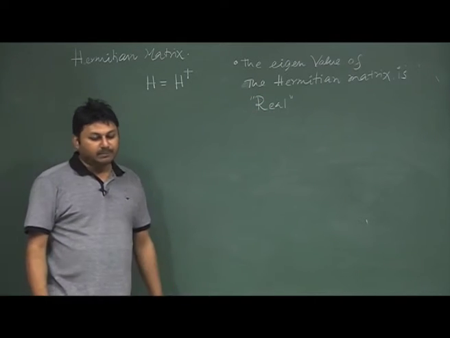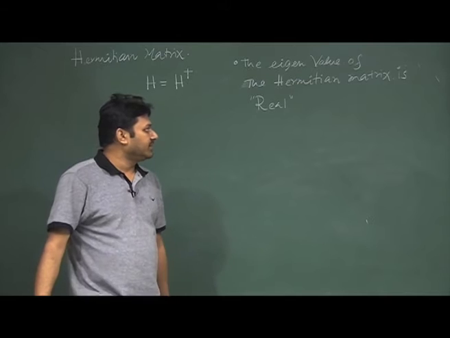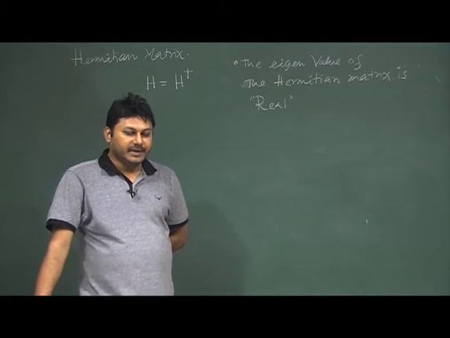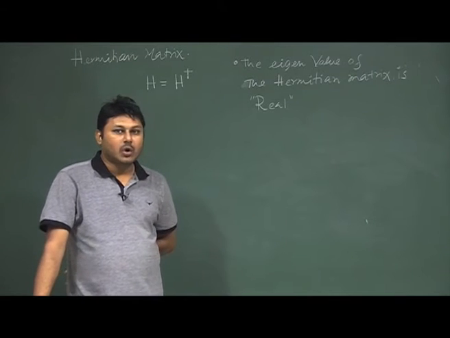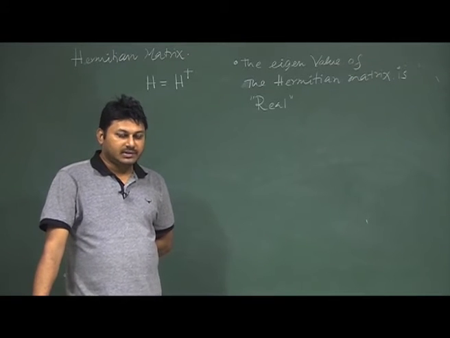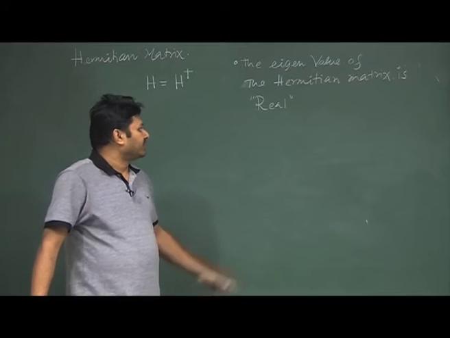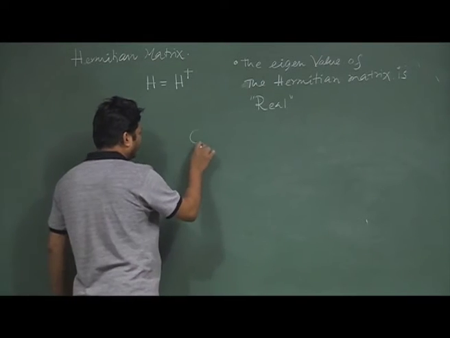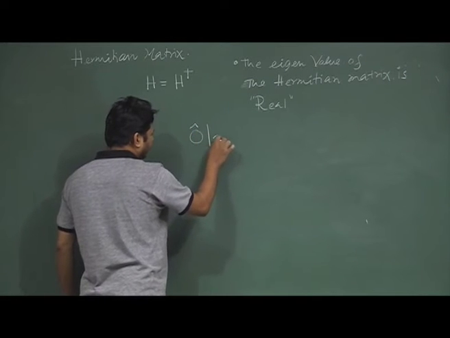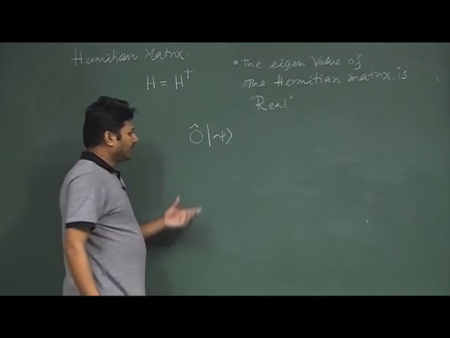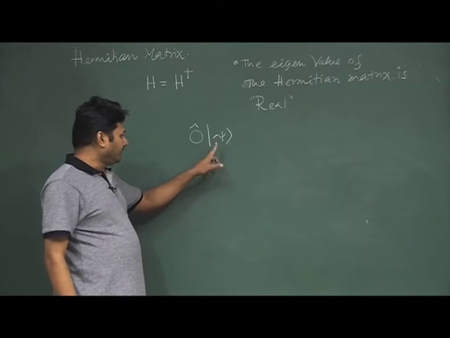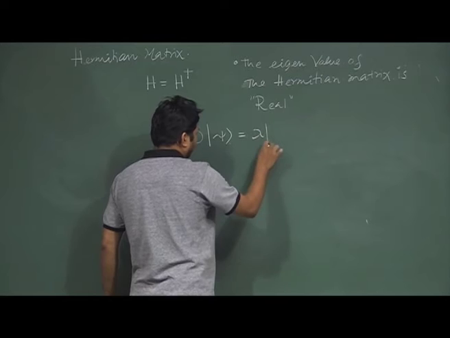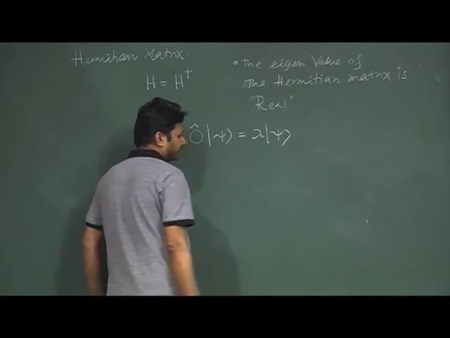Let me first explain very briefly why it is important in the context of quantum mechanics. In quantum mechanics when we use some operator, in matrix notation represented by some matrix, say this is my operator O, I operate over psi, which is a state. If this psi is an eigenstate, I get some eigenvalue lambda and the state back.